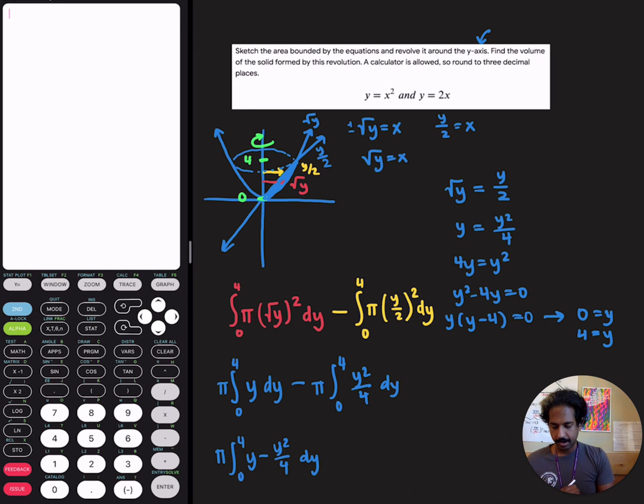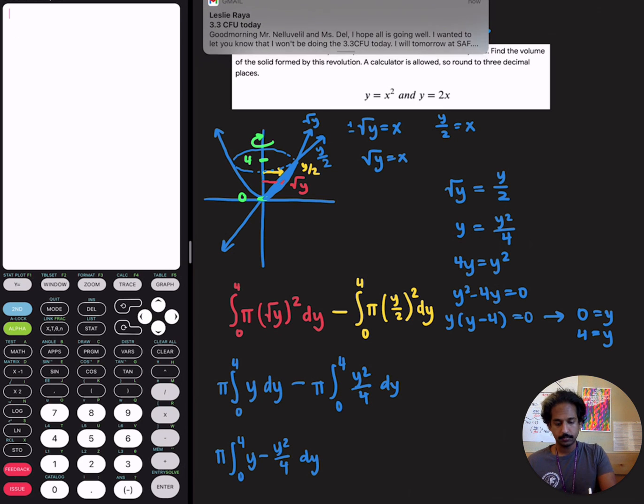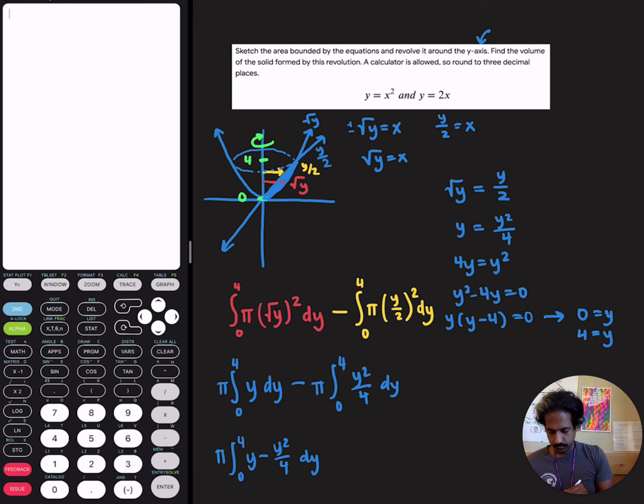So let's calculate that out. Remember, that's math 9. Our bounds are from 0. Ooh, I forgot one thing. I want pi here. So I want pi, math 9, from 0 to 4 of y, or we can just do x because the calculator doesn't know the difference here, x minus, and I want my fraction, x squared over 4.